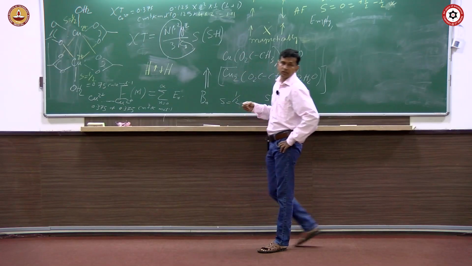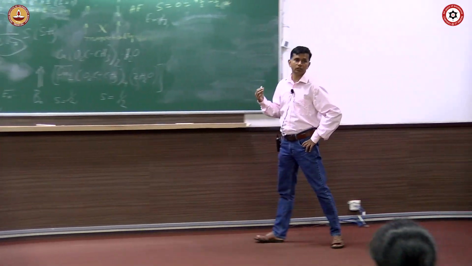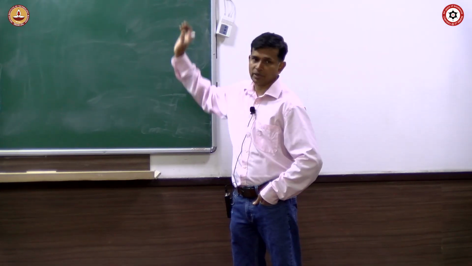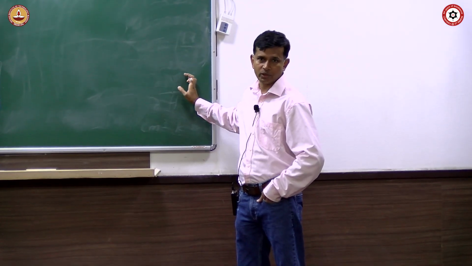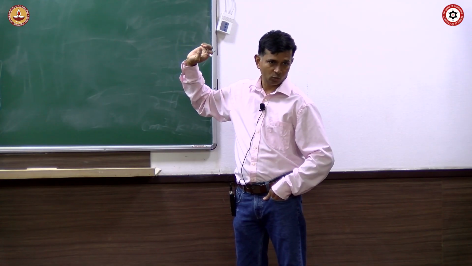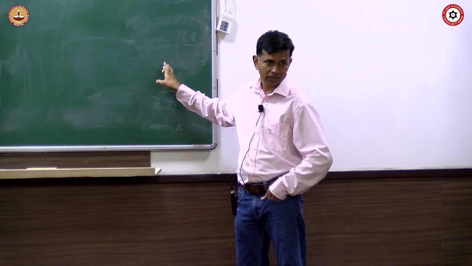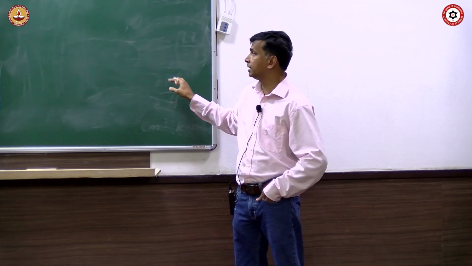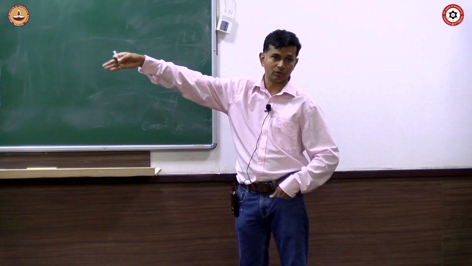So now we go to what is called the magnetic moment, and for the magnetic moment we went to the molar magnetic susceptibility, and then you multiply by T, so we get the chi-T product, and the mu equivalent to the chi-T product we have calculated.